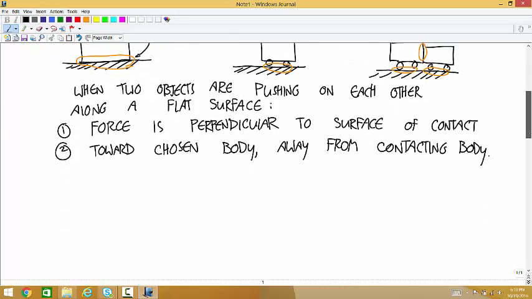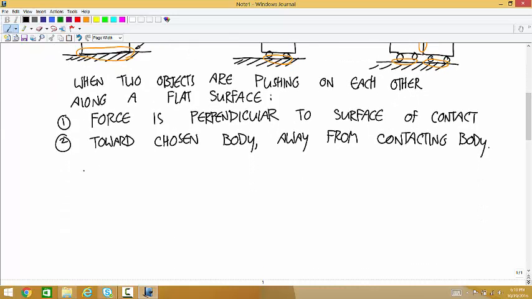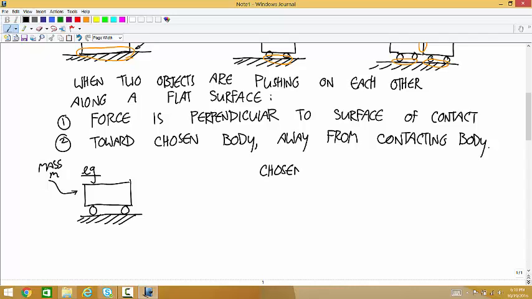Okay, so for example, if you have a cart resting on the floor, and let's say this has a mass m, and say that the body we choose to isolate is the cart.